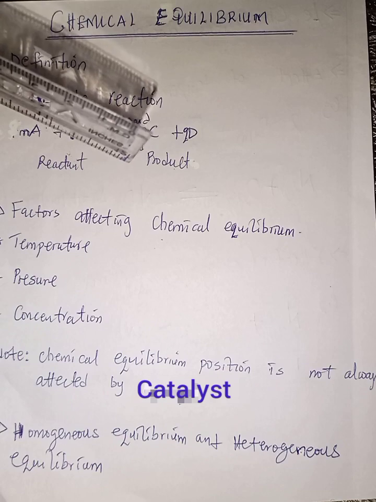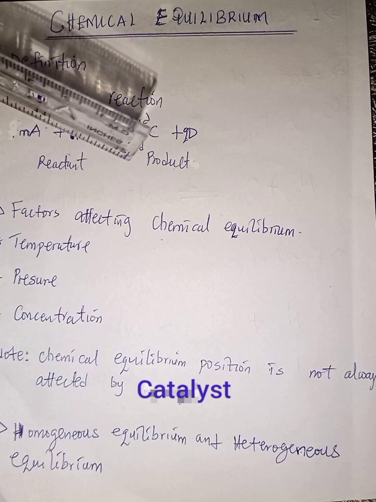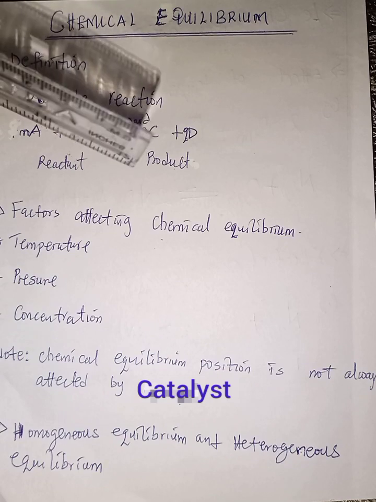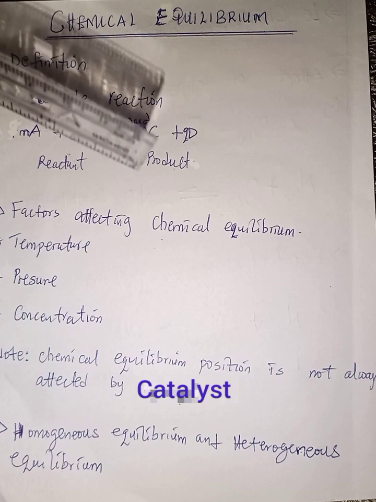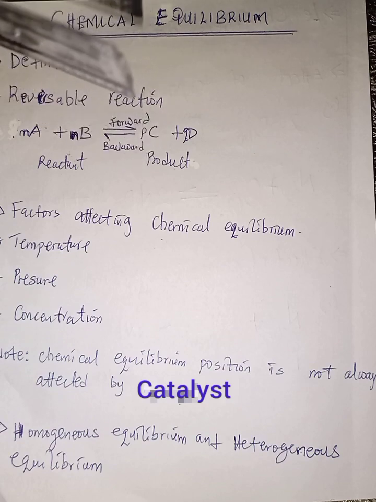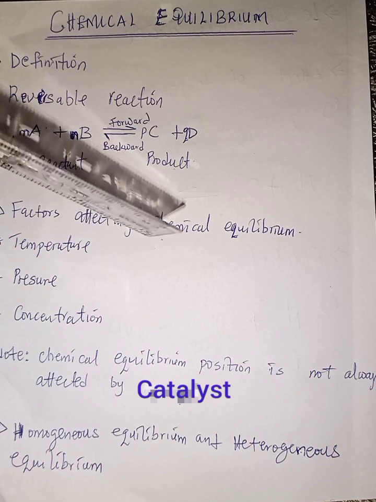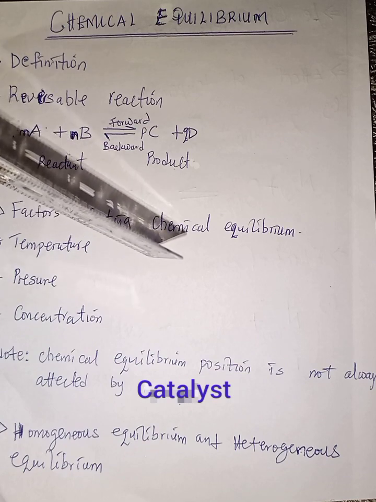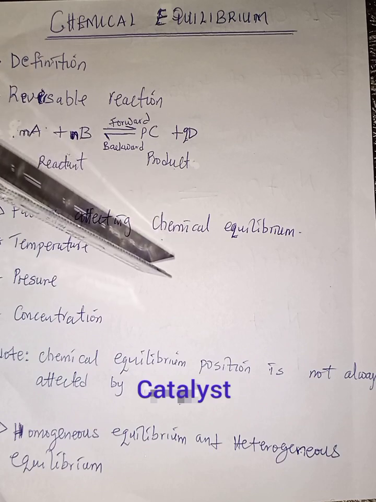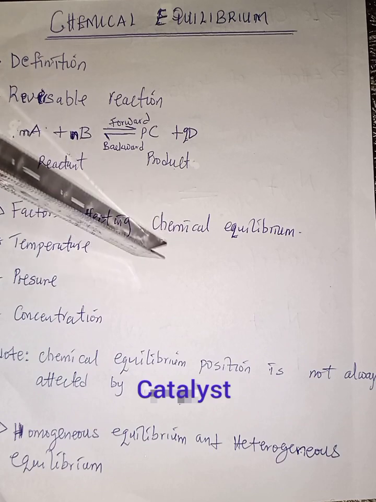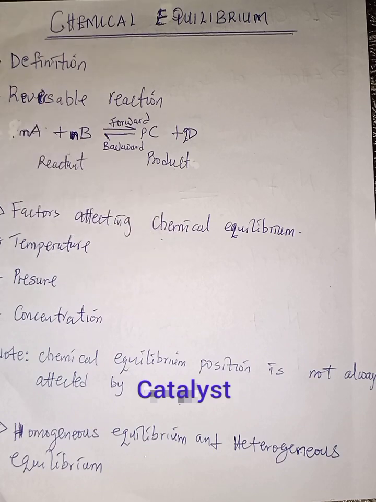But catalysts will affect the rate at which the reactants form the products, or the rate at which you attain equilibrium, but will not affect the position of the equilibrium. So chemical equilibrium is not affected by a catalyst. Take note of that, it's very, very important.